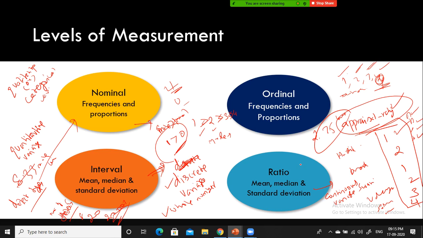So in the case of interval, it is a whole number, and it can be used in some kind of calculation. Data at the interval level can be used in some calculations, but data at this level lacks one type of comparison.